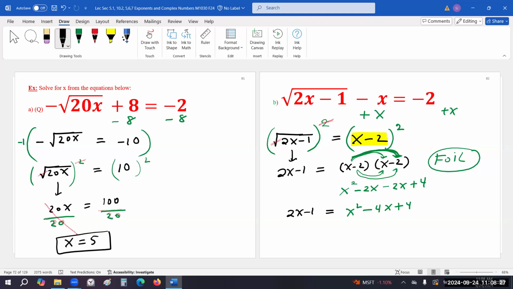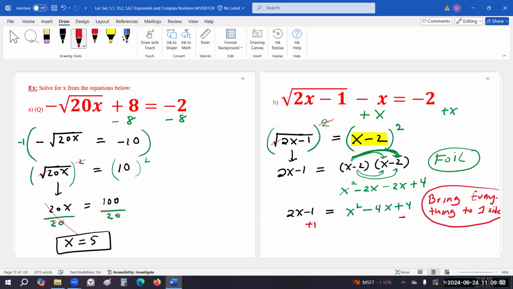You have two sides and there are X's floating around everywhere. We don't like that. We want to bring everything to one side and then you're going to combine them. So bring everything to one side.